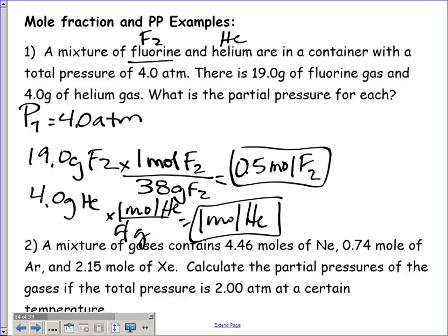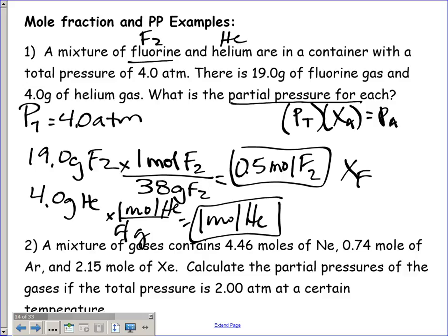So if you have both of your moles present, how do I get to partial pressure? Let's talk about the equation first and then we'll implement. What equation would you use to get to partial pressure? P total times the mole fraction of one of our samples equals partial pressure, right? So let's find our mole fractions first.